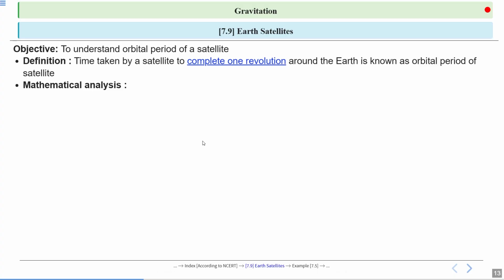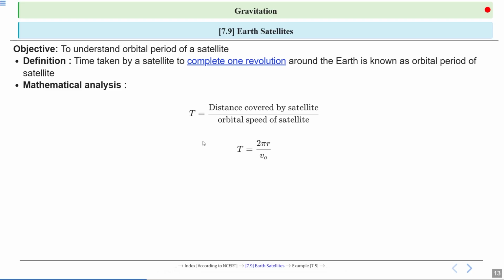So, mathematical analysis. The formula for the orbital period is given by T = distance covered by the satellite divided by the orbital speed of the satellite. This equation shows us that the orbital period depends on both the distance the satellite travels and its speed.